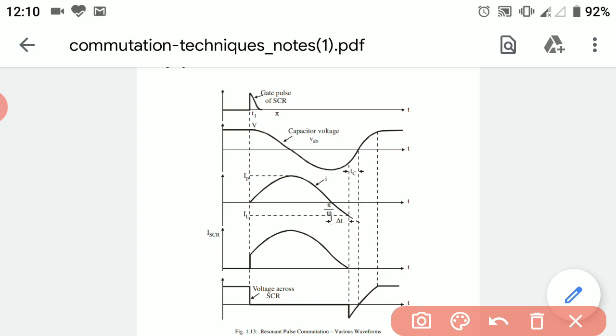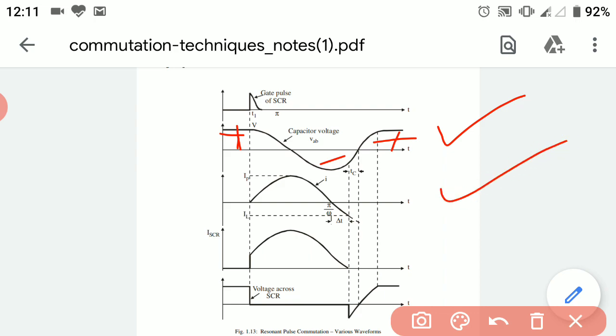After that, it again attains its drop equal to V volt, that was the earlier drop. We have analyzed all the waveforms, that is, capacitor polarities from positive to negative, and after turn off of the thyristor again attaining positive polarity.